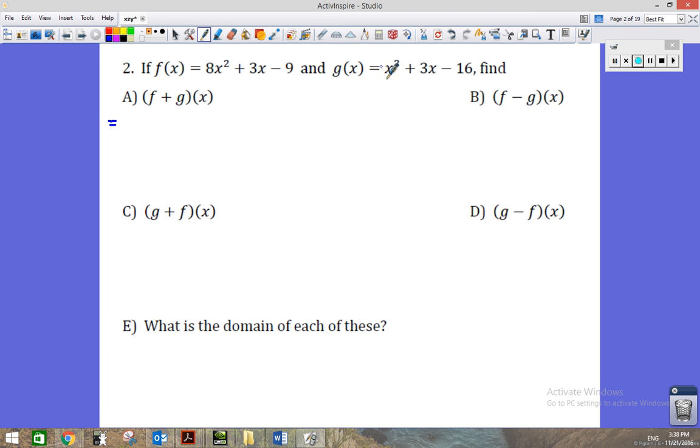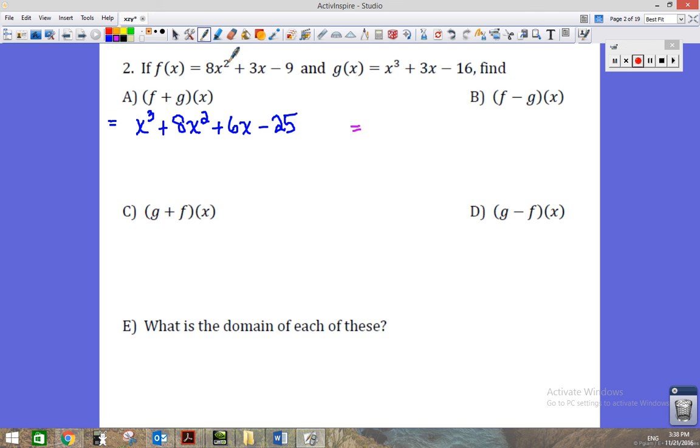So when I do that, I only have a 1x cubed, 8x squared, 3x and another 3x for a total of 6x, and minus 9 and minus 16 for minus 25. So if I haven't made any silly arithmetic errors, and you guys are probably better at it than I am on combining like terms and not making silly errors.